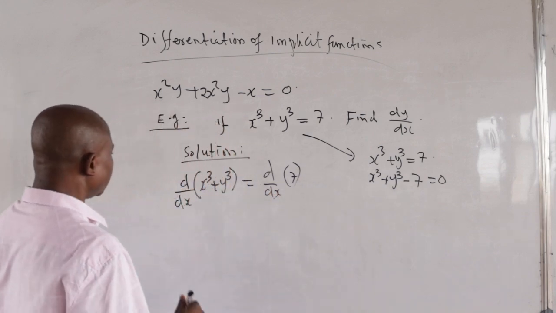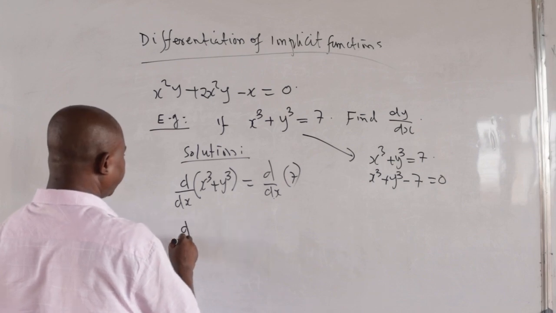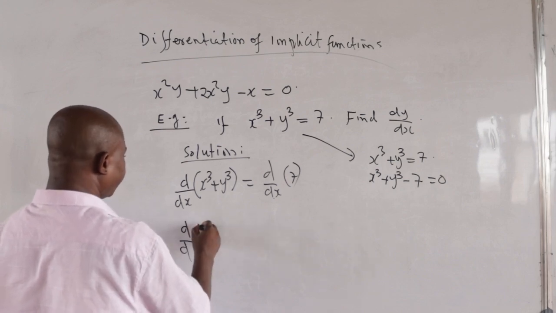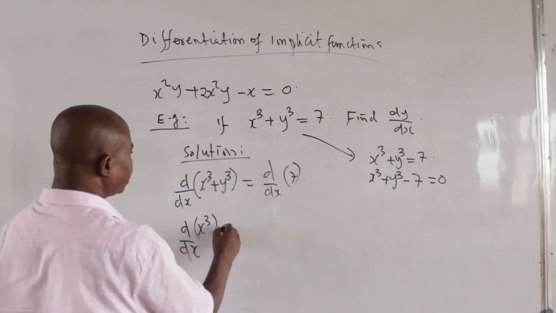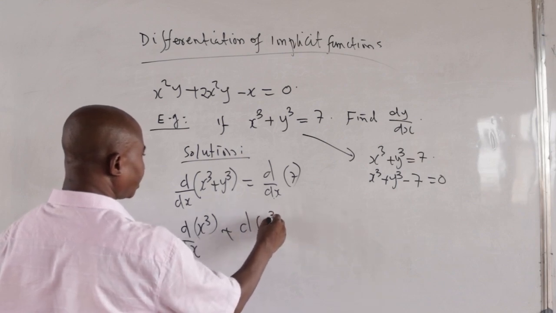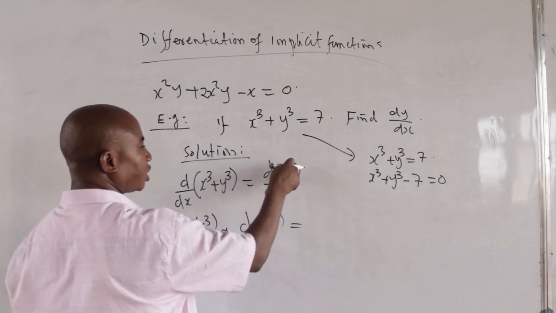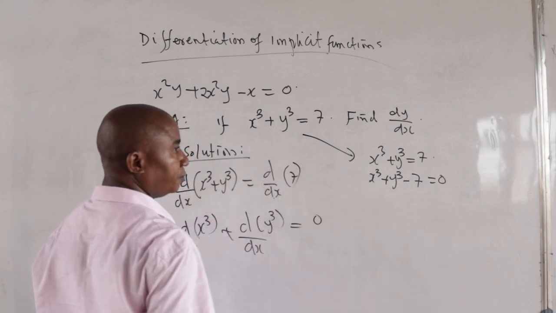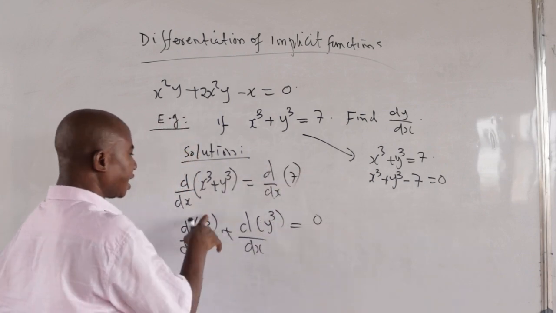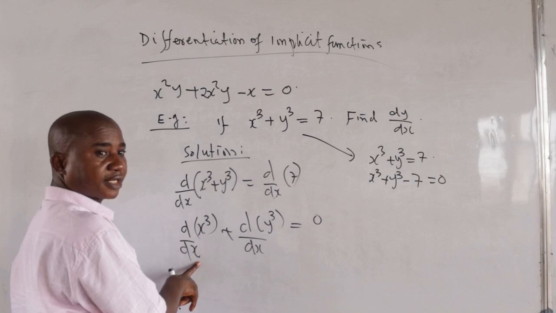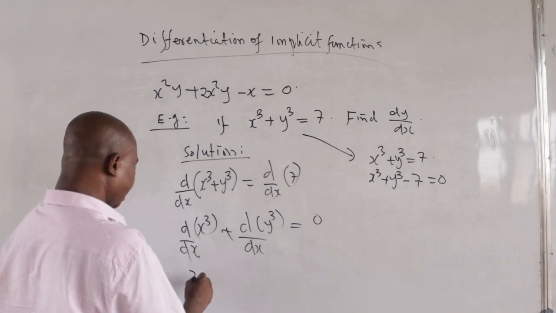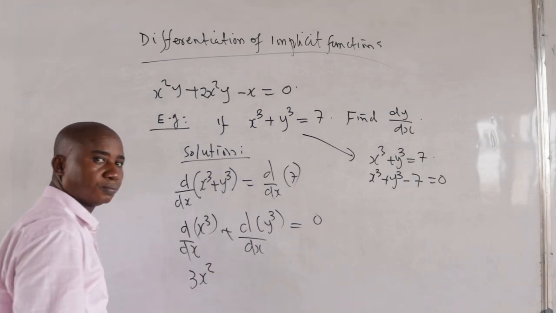Okay, so this is nothing but the derivative of x raised to power 3 with respect to x, plus the derivative of y raised to power 3 with respect to x. Of course, the right hand side is a constant, so the derivative is 0. If you differentiate x raised to power 3 with respect to x, we're going to get 3x raised to power 2.